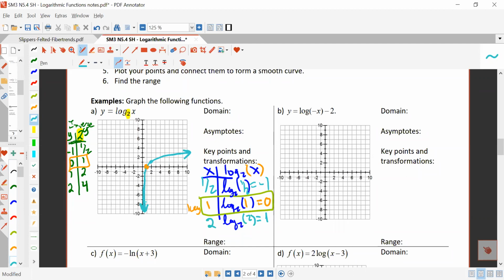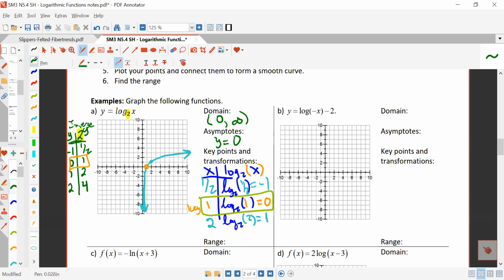Vertically along the axis and then kind of rising horizontally. So domain, 0 to infinity. Asymptote, y equals 0. I can never have an x value that is negative. All my x values here have to be either fractions or regular numbers, but never negative.